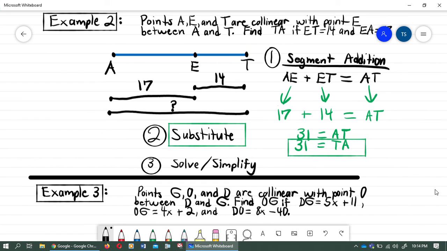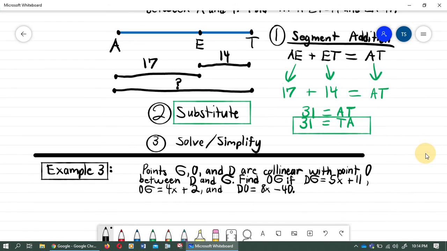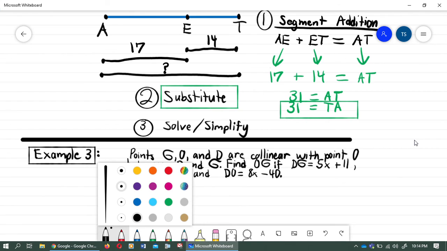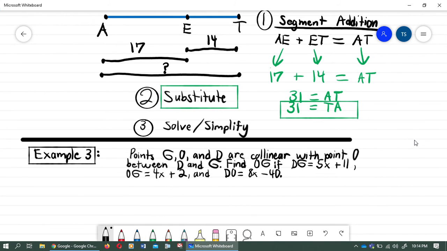So again, folks, the steps that I'm going to ask you to show in your work, specifically, I'm talking to my students enrolled in my classes at our school. You know this already. Come on. What are we going to do? First thing we're going to do is write out the segment addition.